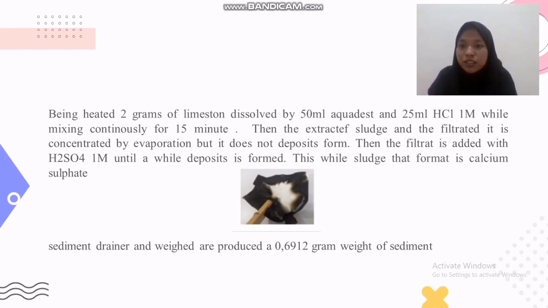Then the filtrate is added with sulfuric acid 1 molar until white calcium sulfate deposits. The sediment was drained and weighed, giving 0.6912 grams of sediment.